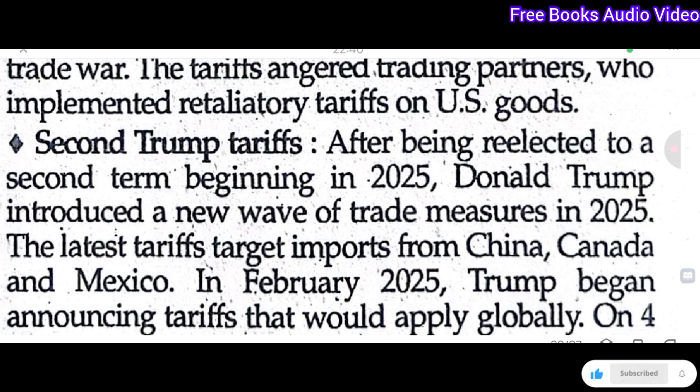In February 2025, Trump began announcing tariffs that would apply globally.